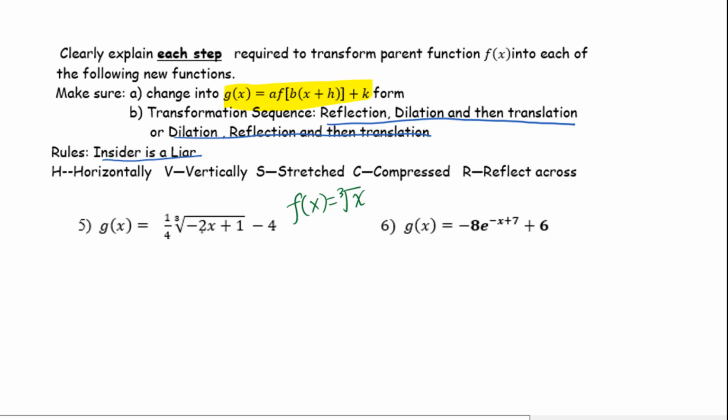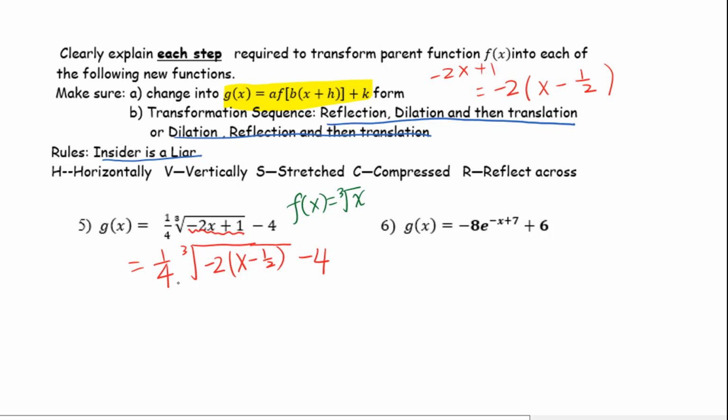In other words, for this -2x plus 1, you have to change into -2 parentheses x minus 1 over 2. So 1 over 4 cubic root of -2 times x minus 1 over 2, then minus 4. This way we have a first step, second step, third step, fourth, and then the fifth step.